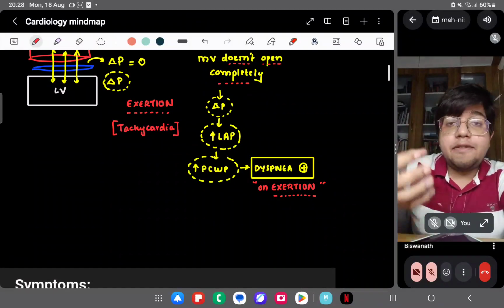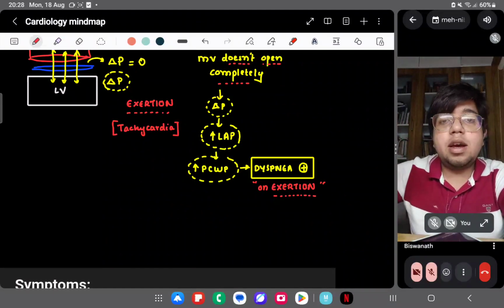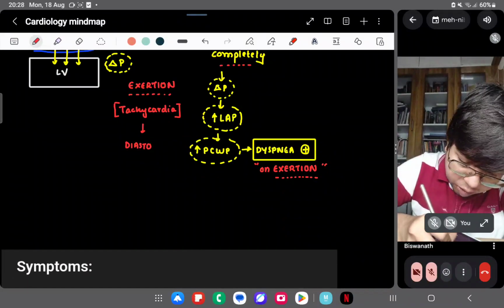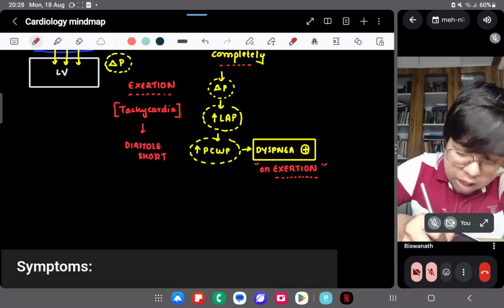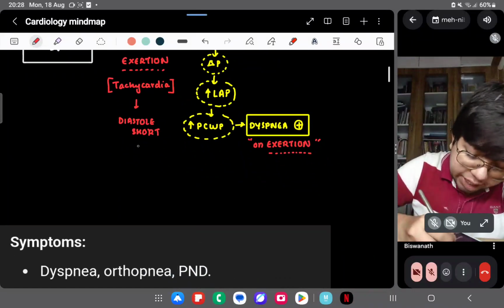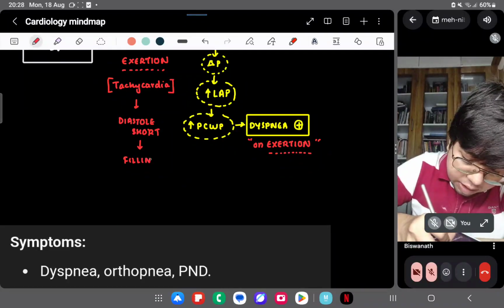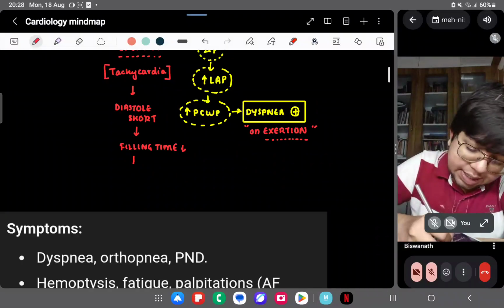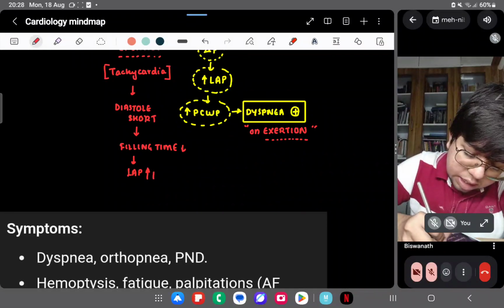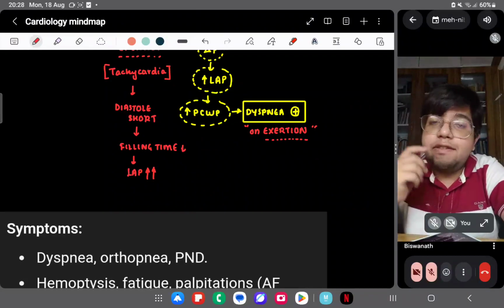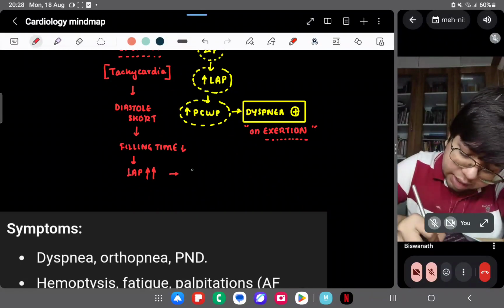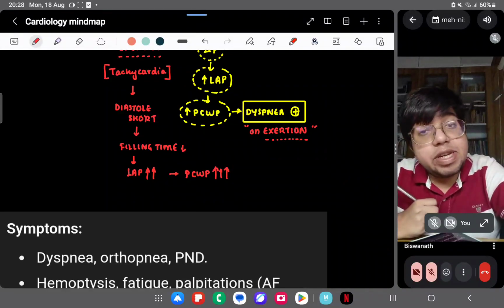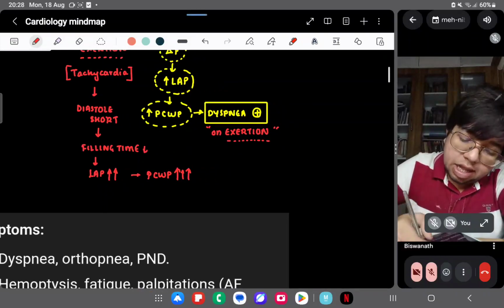If the heart is pumping at a faster rate, the diastole will shorten, and whenever the diastole is shortened, the filling time decreases, and whenever filling time decreases, the left atrial pressure increases. If the left atrial pressure increases, the same thing will occur with PCWP, that is pulmonary capillary wedge pressure. It will increase, and if this increases, then there will be dyspnea.